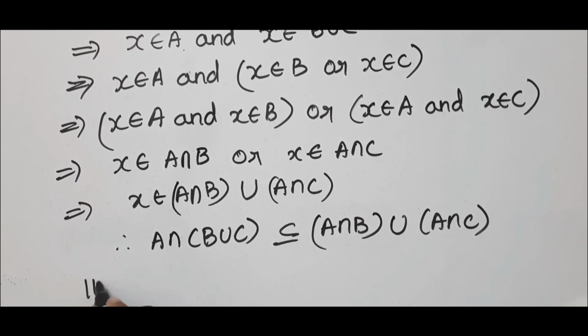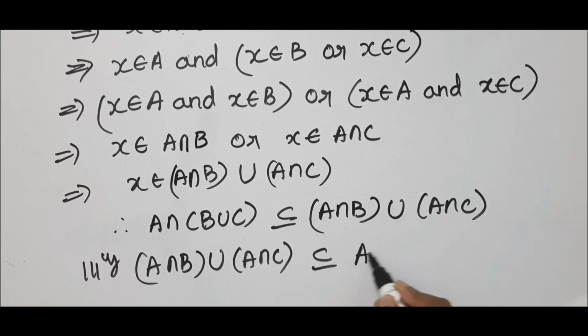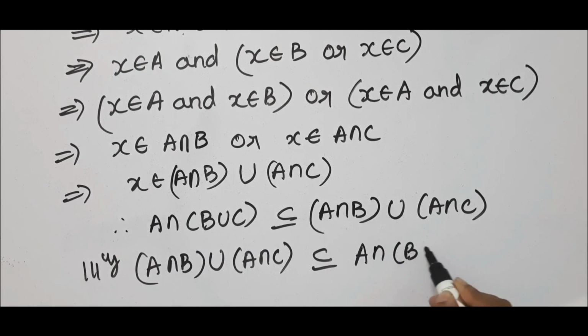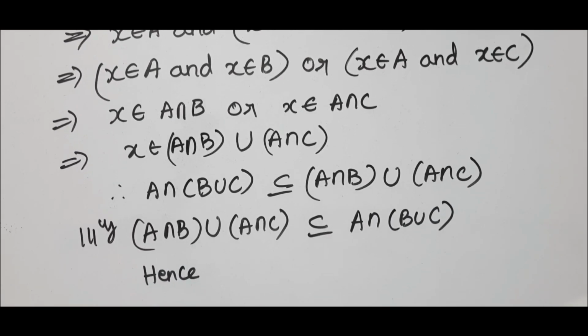Similarly, we can prove that A intersection B union A intersection C is a subset of A intersection B union C. Hence, as we did in previous laws, the same thing we are applying here.